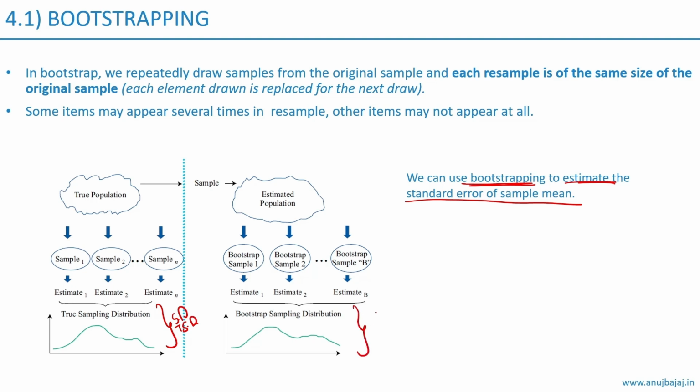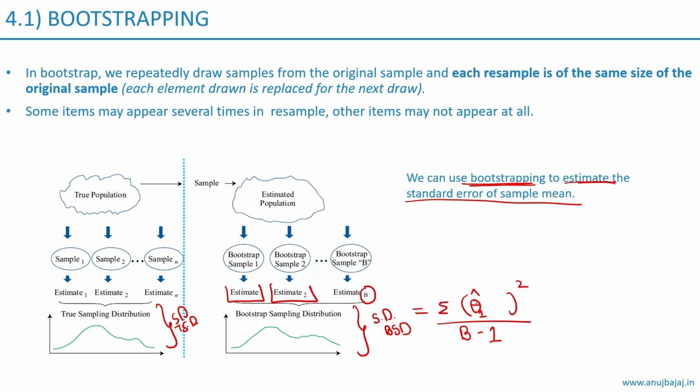So what is the formula of the standard deviation of the bootstrap sampling distribution? The formula equals the summation of the deviation squared divided by the number of observations minus 1. Here the number of observations is represented by capital B. So we have B minus 1, and each sample mean is represented by this symbol over here.